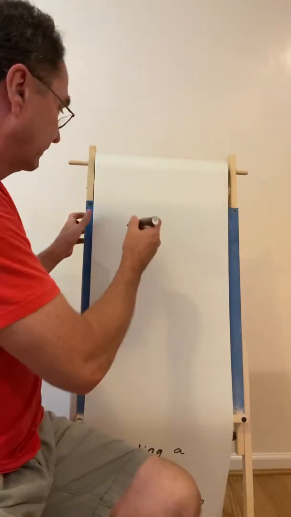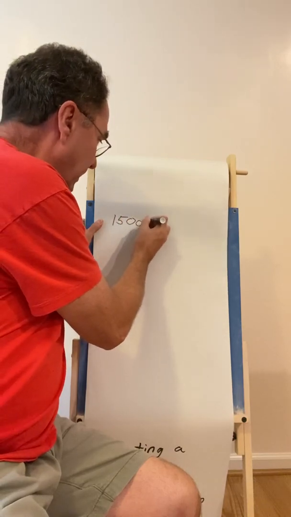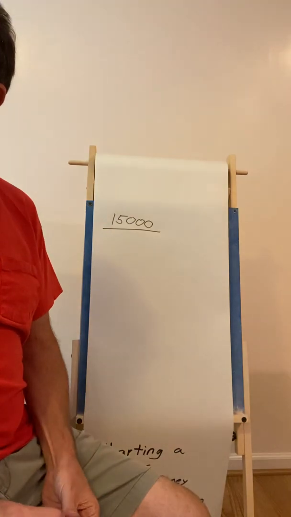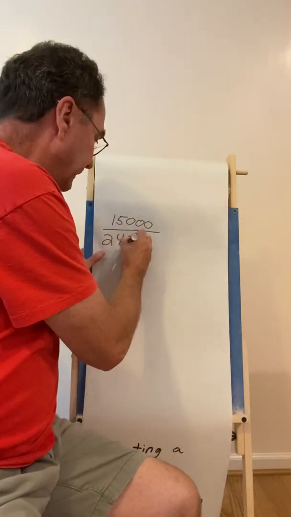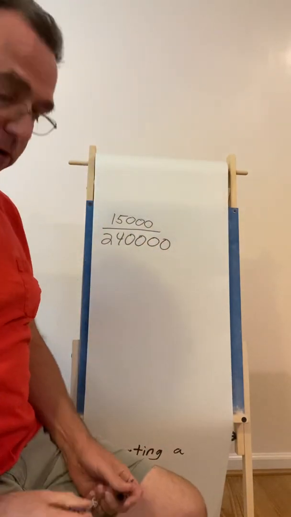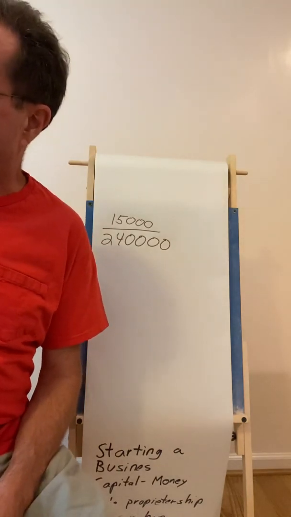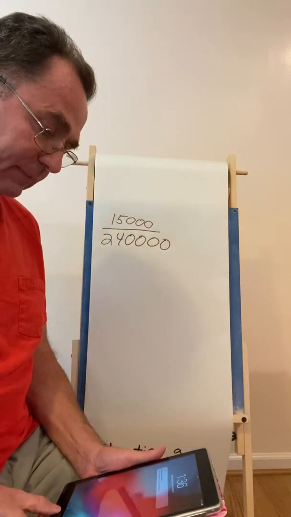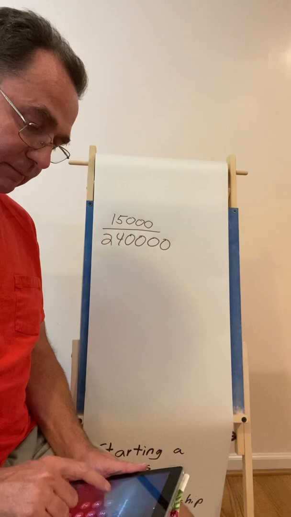And her fraction of the business is $15,000 out of the total of $240,000. That is the part that Michelle owns. So in order to make that into a percent, which is what we're trying to find, I get out my calculator, which is right here. I'm going to use my iPad for my calculator.